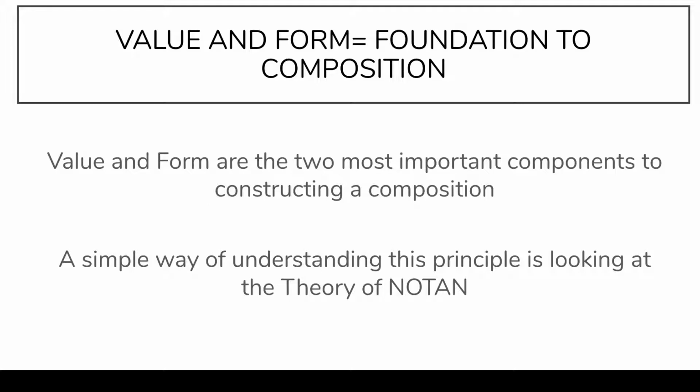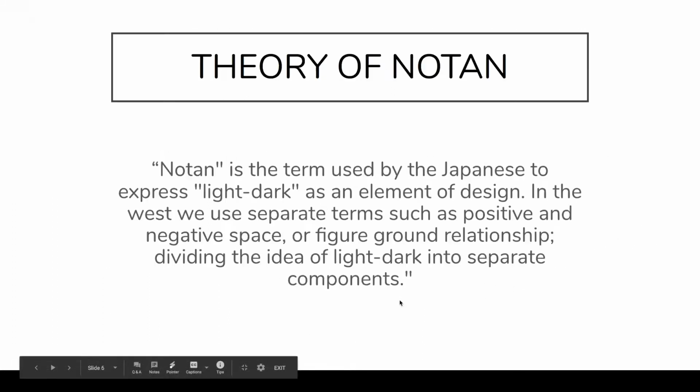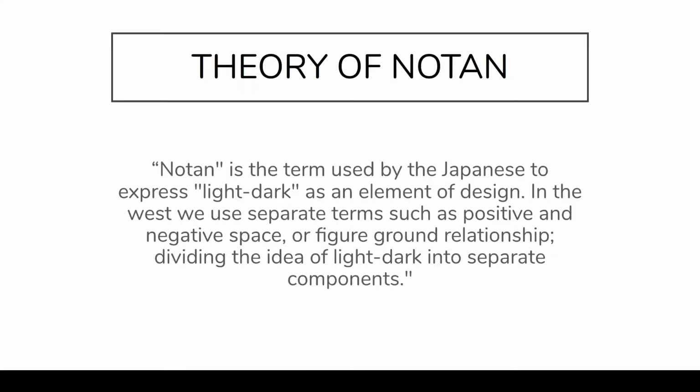I like to understand this and start building off of the principle called NOTAN. NOTAN is a theory developed by the Japanese. Primarily, this word was invented to describe light and dark characteristics, in terms of how they are a critical point of the elements of design.